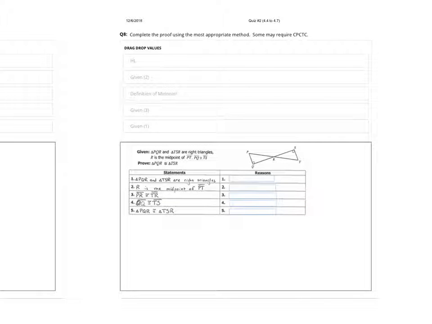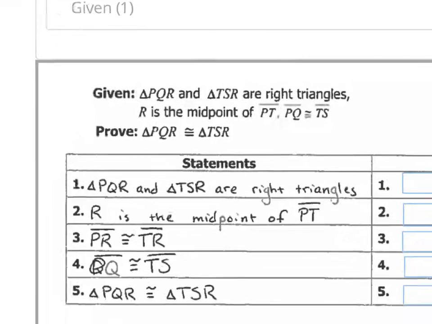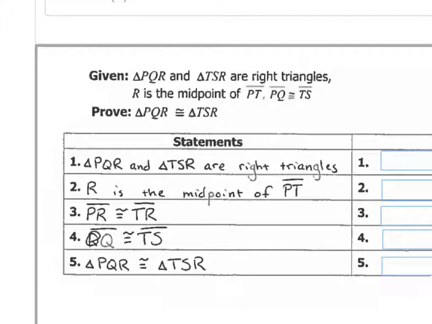Alright, on this one, Mr. Houston gave you all the statements. You just need to give the reasons. So again, make sure you read the givens first, okay? And you got given 1, given 2, given 3, then hypotenuse leg and definition of midpoint. So make sure you look at the given, okay?